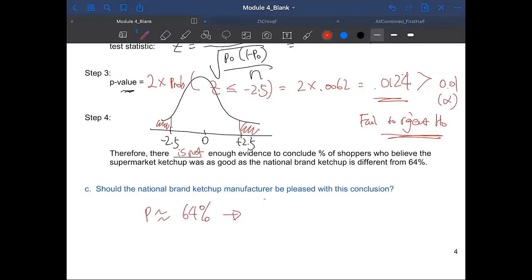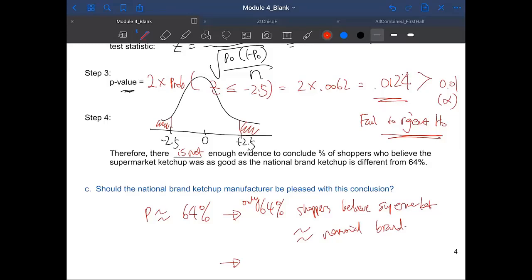So only 64% of shoppers believe supermarket ketchup is about the same as the national brand. Do you think they should be happy or not?